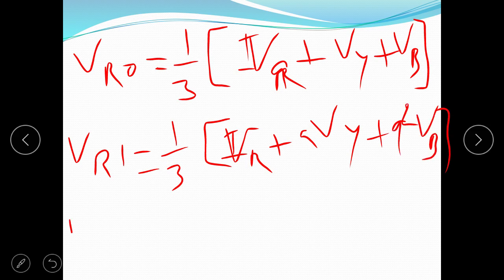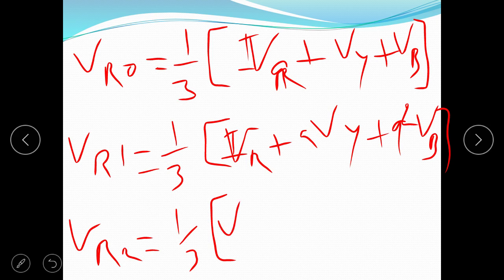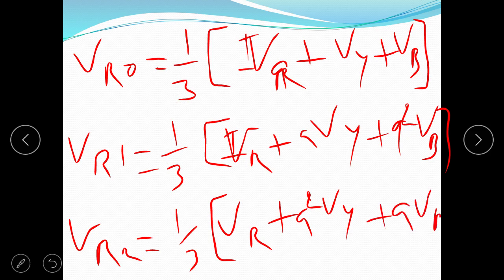Similarly, the negative sequence component VR2 is equal to 1/3 of VR plus a square VY plus a VB. In this manner, we can obtain sequence components of voltage and current in terms of phase components. If phase components are given, we can find sequence components.